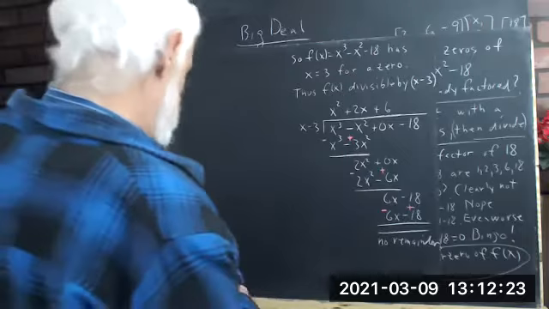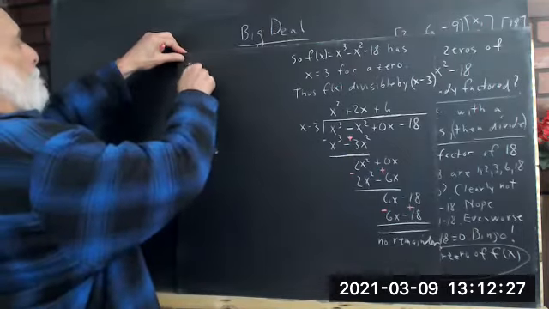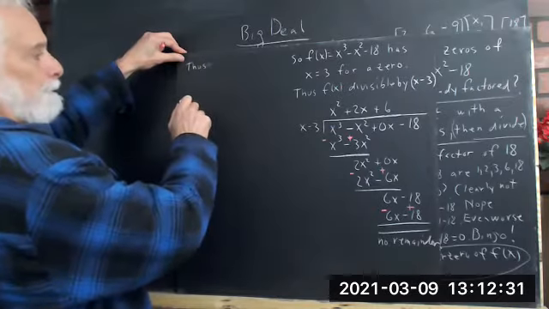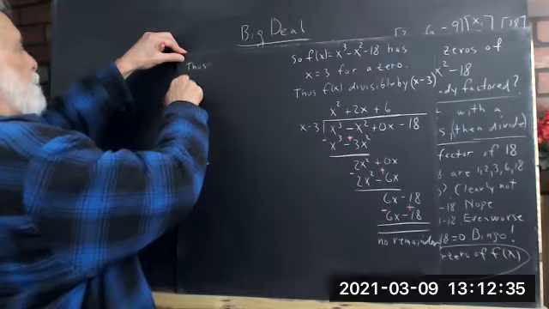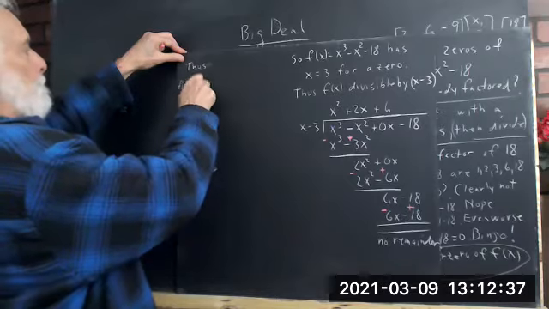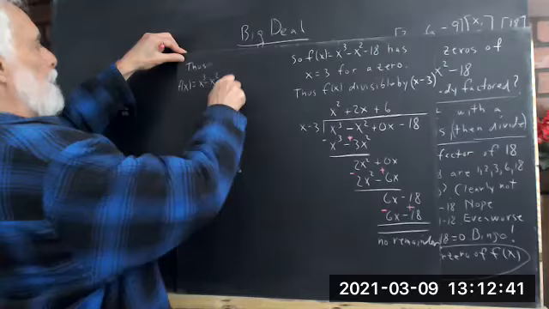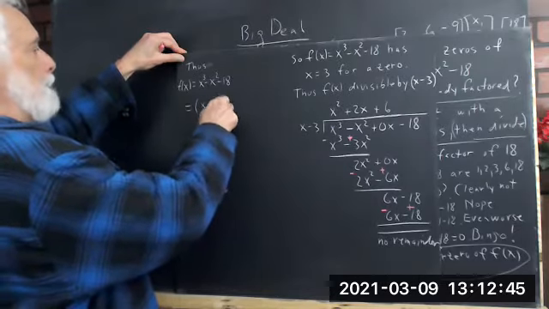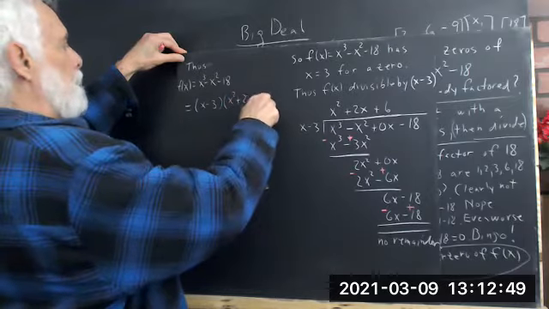So thus, your f of x equals x cubed minus x squared minus 18 equals x minus 3 multiplied by x squared plus 2x plus 6.